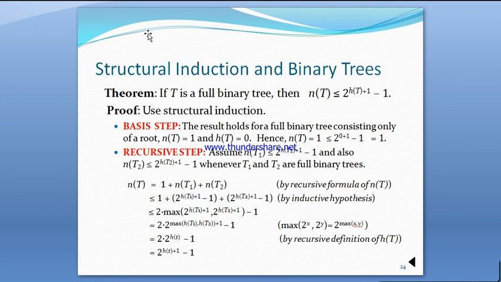Now let us consider n of t. According to the recursive definition of n of t, it is equal to 1 plus n of t1 plus n of t2, which is less than or equal to 1 plus, by the inductive hypothesis, 2 power h of t1 plus 1 minus 1 plus 2 power h of t2 plus 1 minus 1.